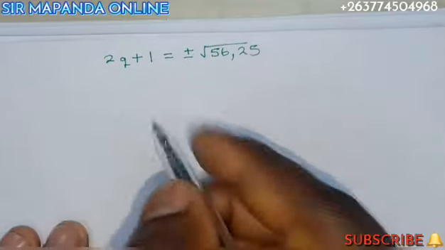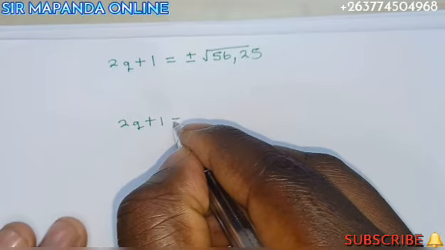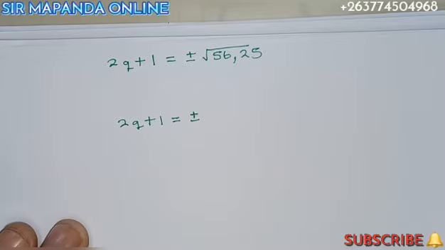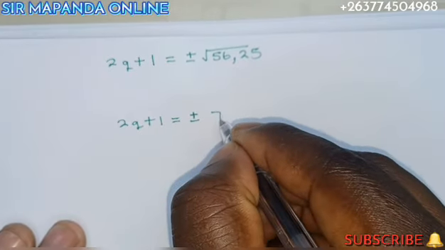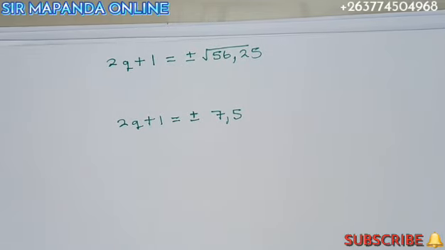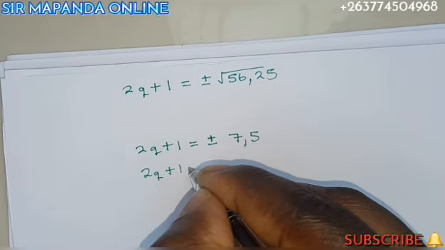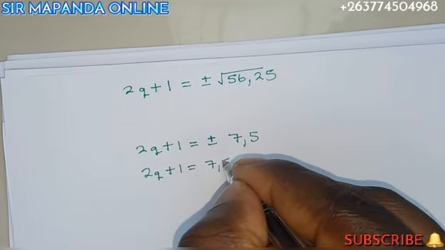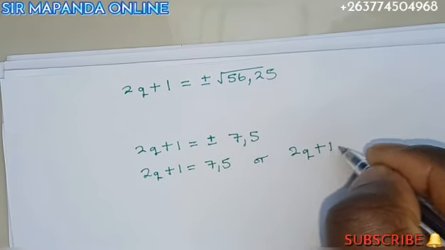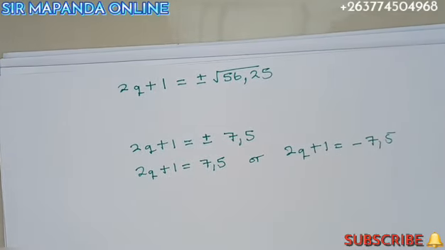Right, so you get 2Q plus 1 is equal to plus or minus the square root of 56,25, you get 7,5. So you write plus or minus 7,5 here. Right. We are going to say 2Q plus 1 is equal to positive 7,5, or 2Q plus 1 is equal to negative 7,5, something like this.